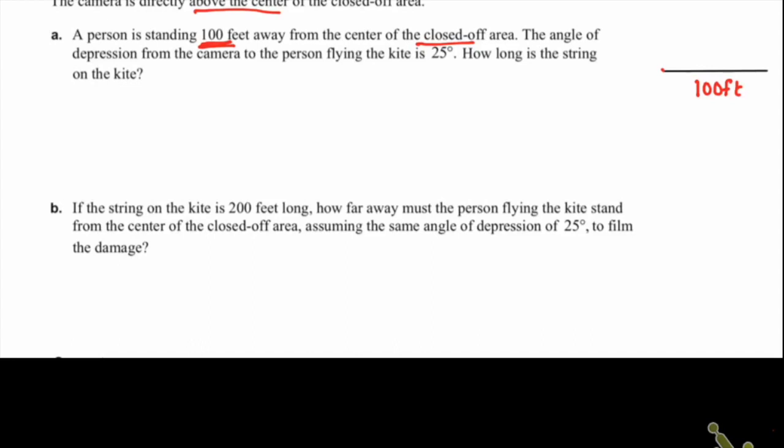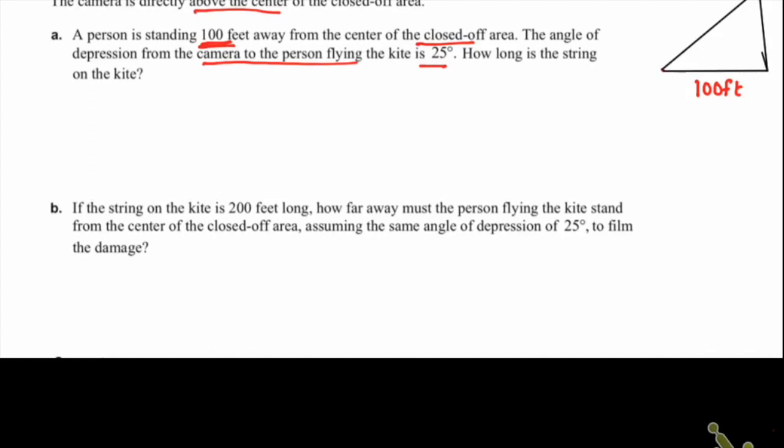Now the other thing, they say the angle of depression from the camera to the person flying the kite is 25 degrees. It means they're talking about this angle from here, and then let's drop a perpendicular here.